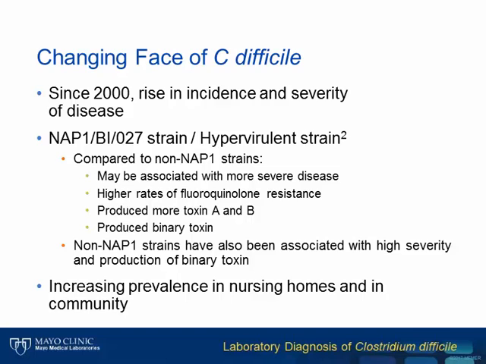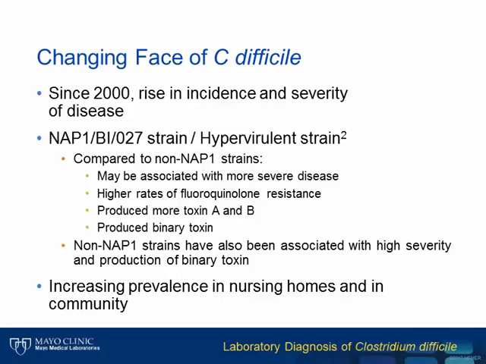The epidemiology of C. difficile has been changing since 2000 with a rise in incidence and severity. One factor associated with this evolving epidemiology is recognition of the NAP1/BI/027 strain, also referred to as the hypervirulent strain.